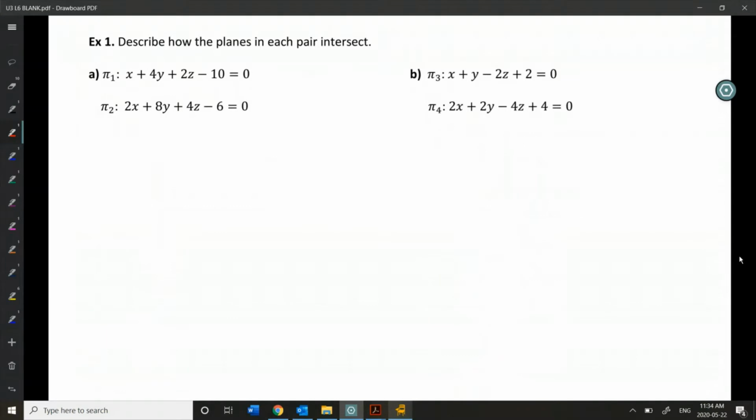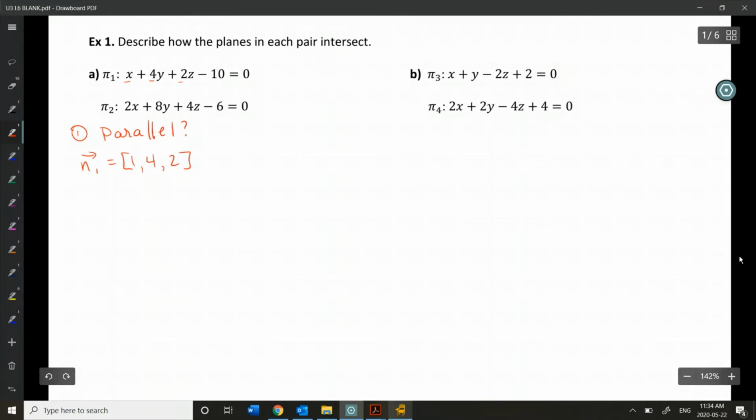The first thing I'm observing here is the normals of the planes. The very first thing I always want to do is check if these planes are parallel or not. You can see that the normal of the first plane, maybe we'll call this normal 1, is 1, 4, 2, and the normal of the second plane is 2, 8, 4.